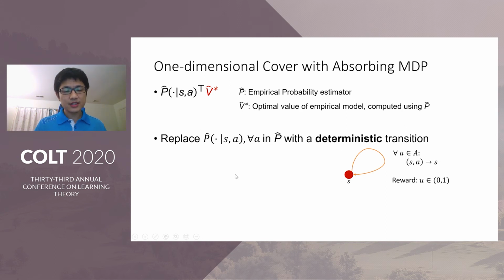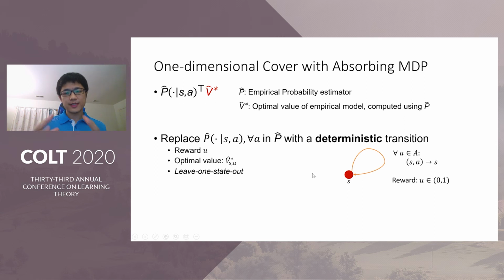For instance, in this empirical Markov decision process, we replace the transition at every particular state S with an absorbing state. In that way, the transition is always transitioning back to itself. So the transition is deterministic, and of course independent of the original probability transition. So in this way, we construct a new model that is independent of the original probability transition.